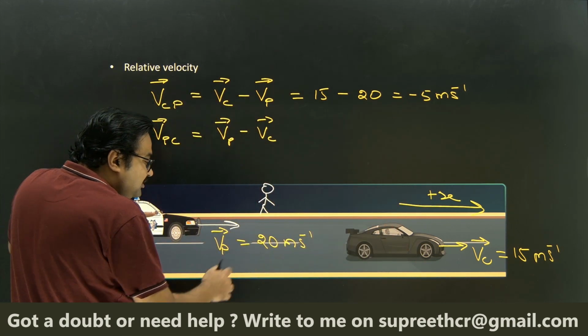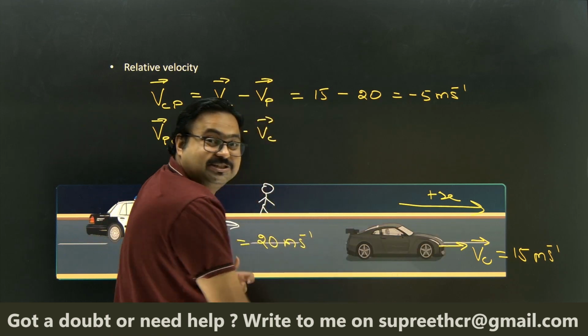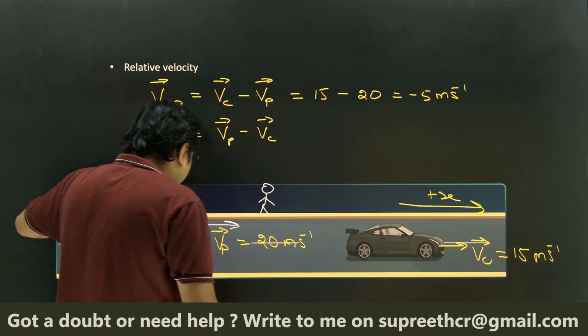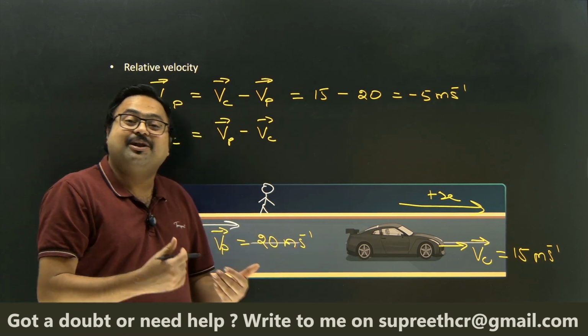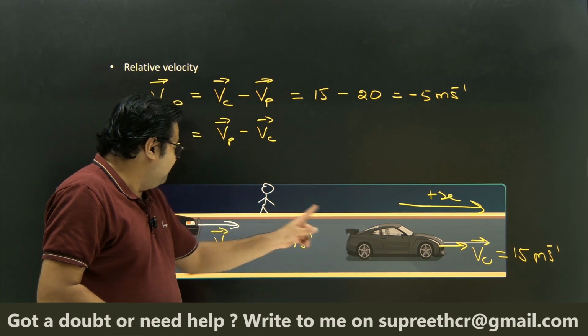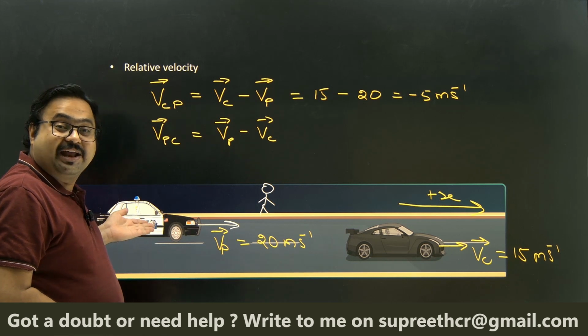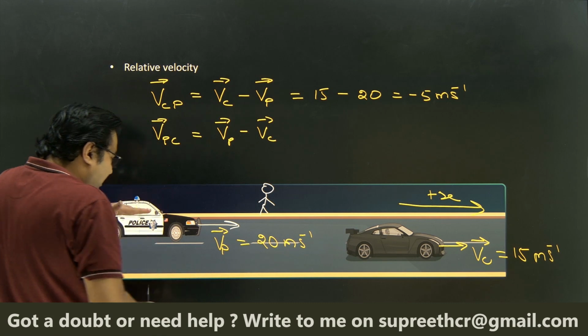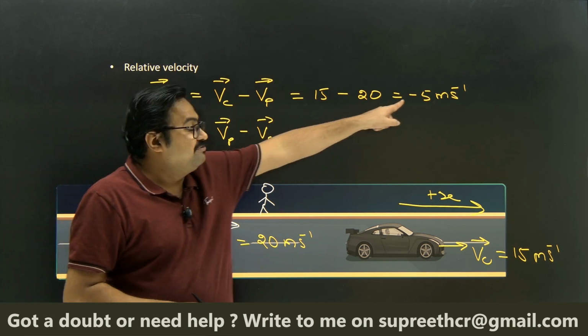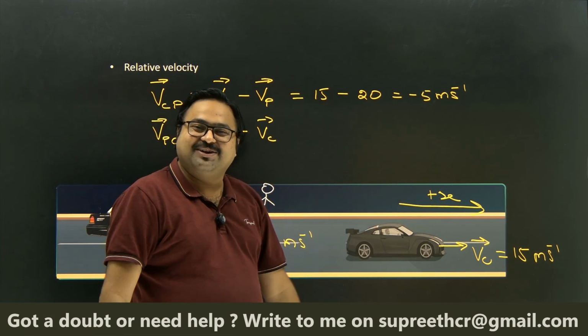Because this is going faster, 20 meter per second. This is going slower, 15 meter per second. So it is obvious that both of the cars are going to get closer to one another. When they get closer to one another, the distance between them is going to reduce, and this car will see as if this car is getting closer. So that's why the car sees a negative velocity. So that's the understanding of relative velocity.